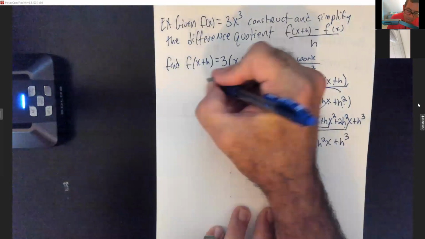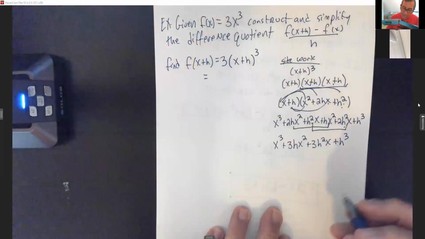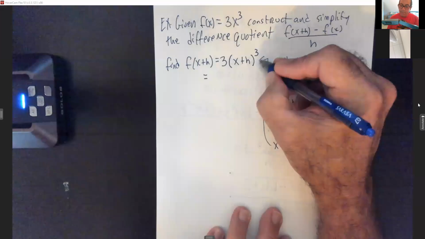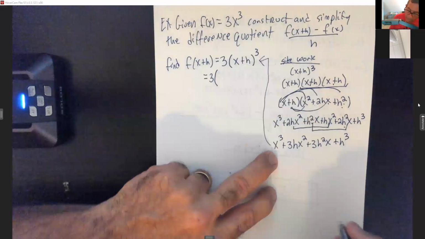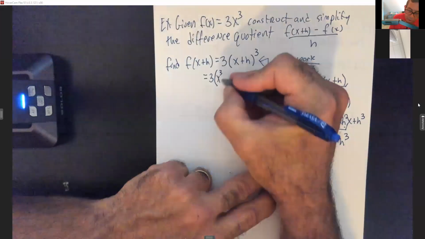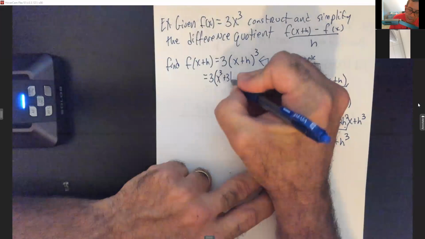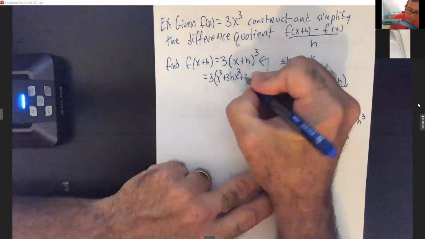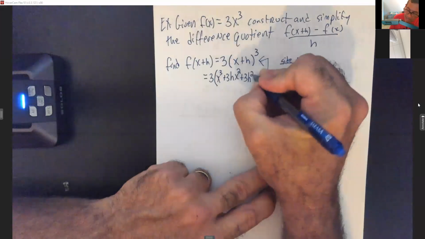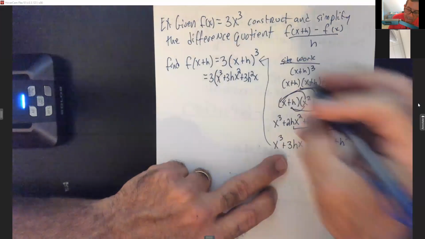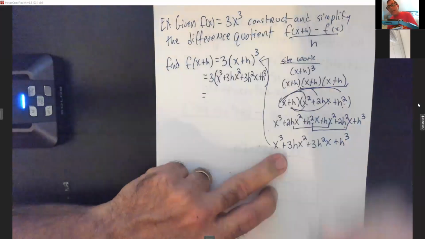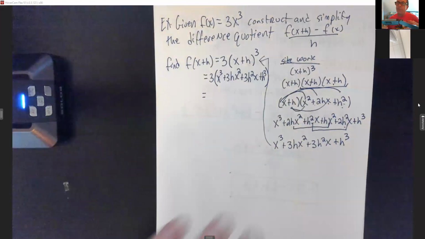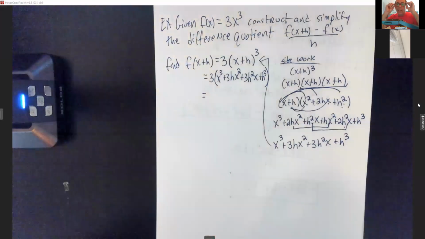So what I can do now finally is plug all this in for that. So I've got 3 times x to the third plus 3hx squared plus 3h squared x plus h to the third. Y'all, what's sad is we're doing all this work just to find the f of x plus h.